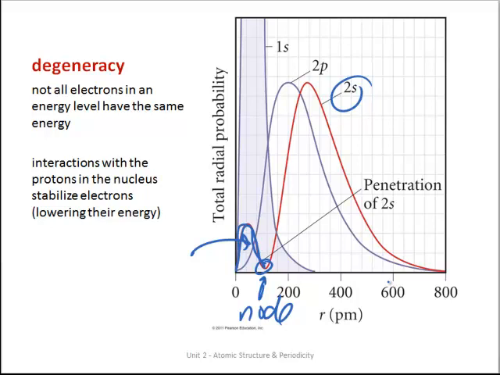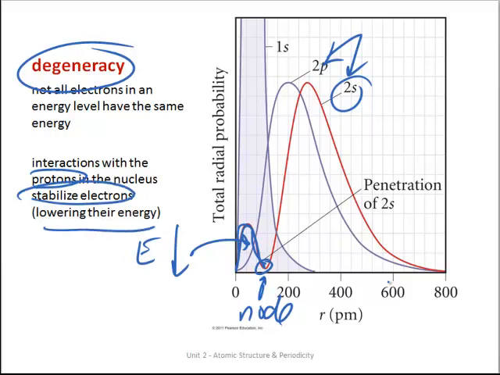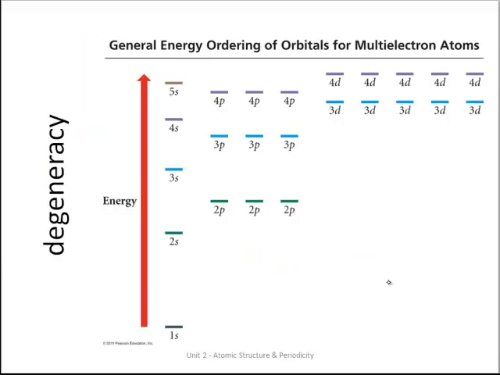positive charge of the nucleus, which lowers their energy, which creates degeneracy, or the fact that 2p electrons and 2s electrons are different energy. And again, it's the interactions with the positive charge of the protons that stabilize the electrons and lower their energy. So if we look at that fact, the degeneracy caused by differing penetration, you can see a potential energy plot for all of the sublevels and their respective orbitals from 1s all the way up to 4d here.